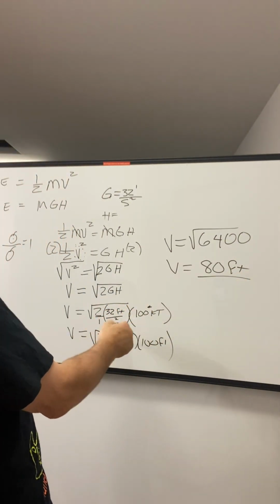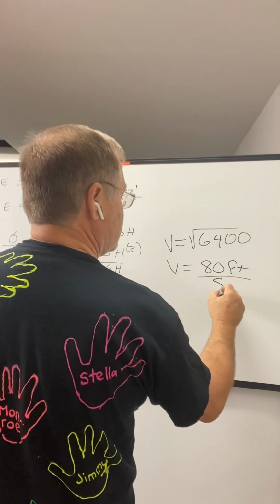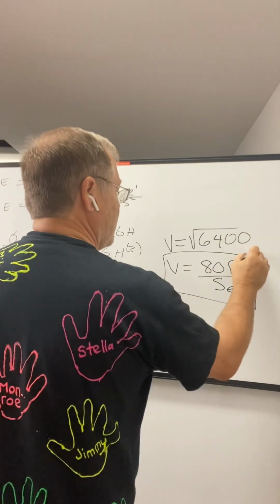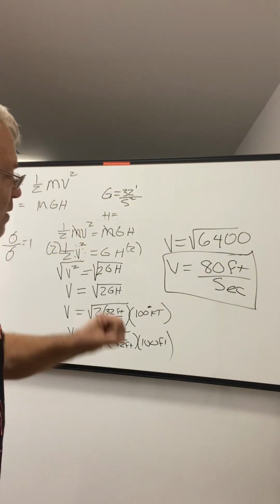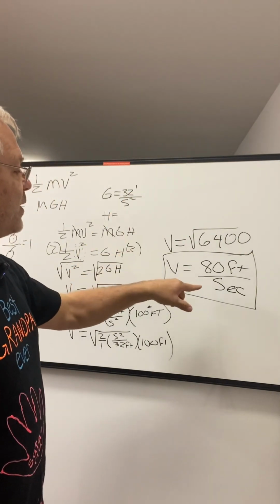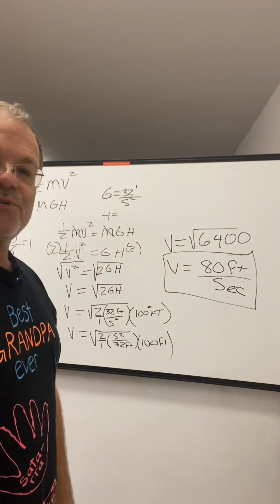If we take the square root of squared, it equals feet per second. So in a vacuum, if you drop something from 100 feet, it will be going 80 feet per second.